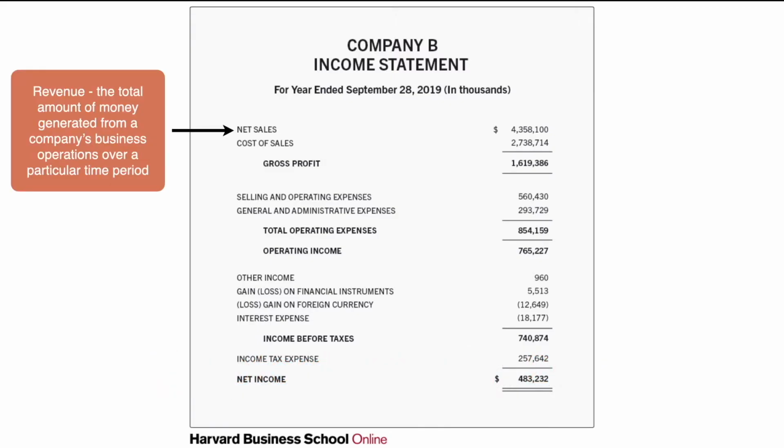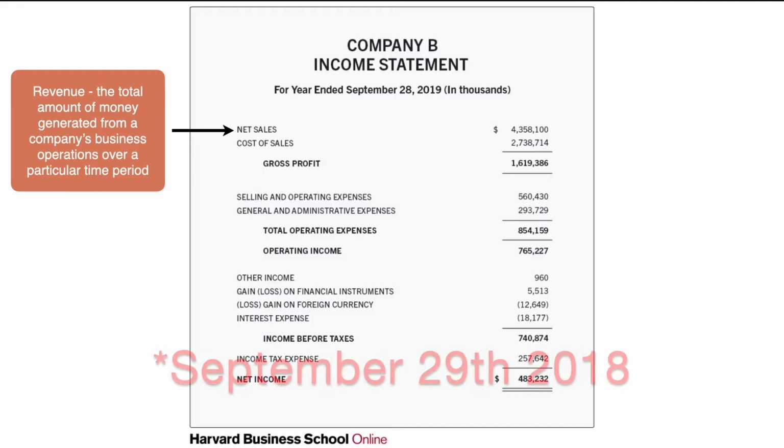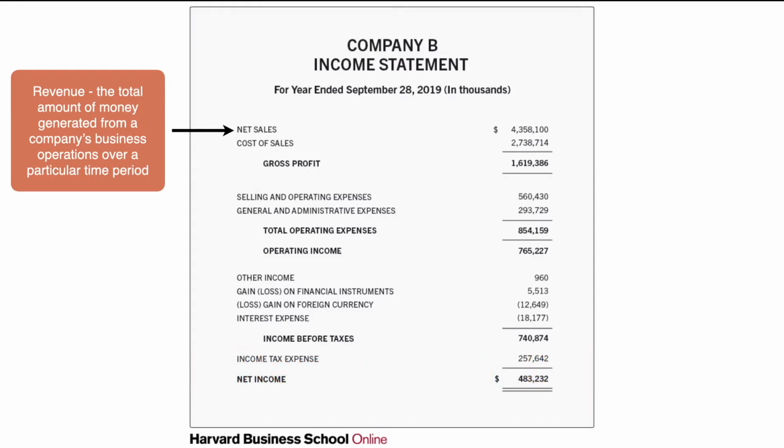First, we have revenue. On this income statement, it says net sales, but net sales and revenue are the same thing. Revenue is a total amount of money generated from a company's business operations over a particular time period. So as we mentioned before, this income statement is for the fiscal year September 28th, 2018 to September 28th, 2019, which means that the revenue it shows is for that year.